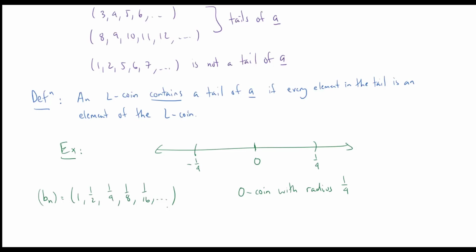And I claim that this 0 coin with radius 1/4 doesn't contain the whole sequence. Which numbers are not in this 0 coin? 1. Definitely not, 1 is way outside. I'm not even drawing this to scale. How about 1/2? That's not inside the zero coin either.